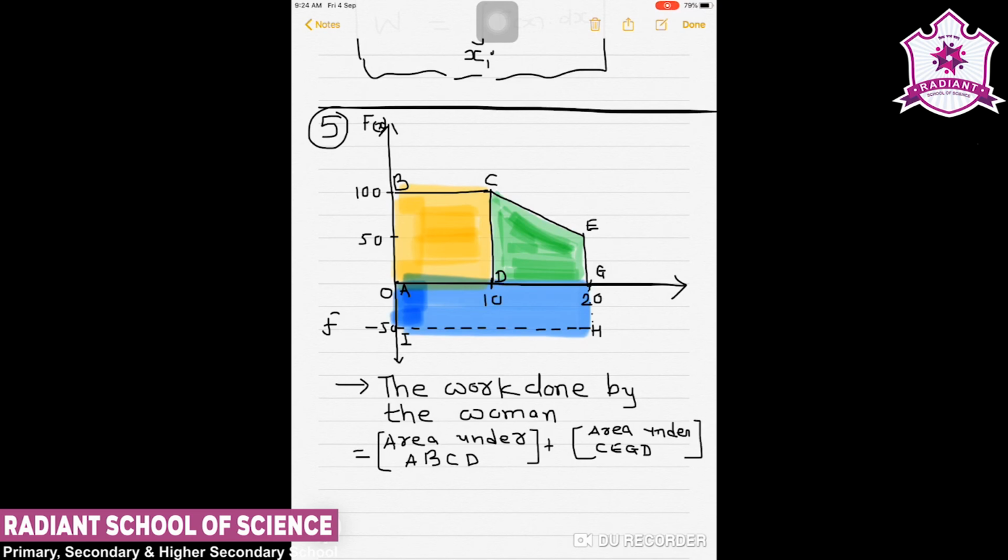Now we just have to add up. The area under ABCD is AB into AD.